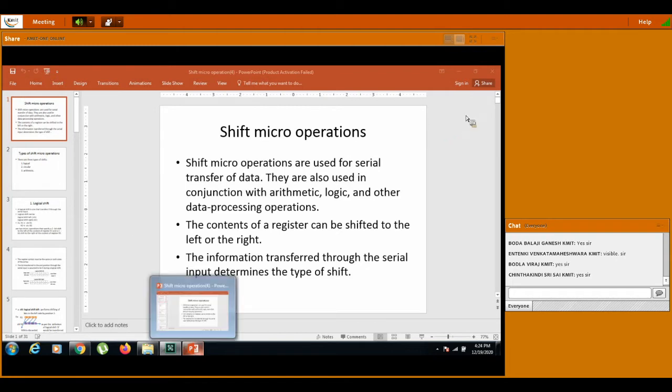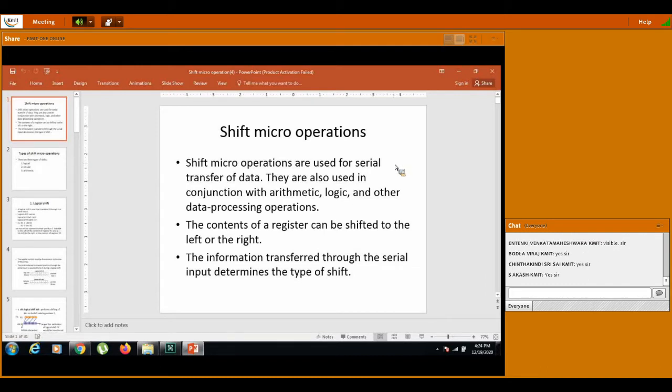Okay. So I am clear, right? So let us start the class. Okay. So today we are going to talk about shift micro operations. Previously we have seen arithmetic micro operations, right? And logic micro operations. I am clear, right? Am I visible? I mean, is my screen visible and is my voice clear?